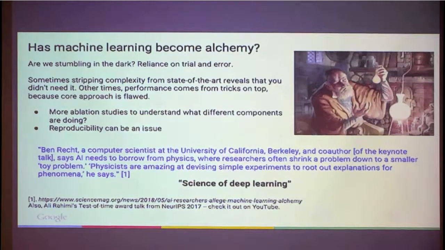That's a really rich class that may be really good for my problem, and maybe enables me to solve harder problems in ML and AI. On the other hand, there's really no principled way to go about it, and sometimes what you find is that you strip complexity from the state-of-the-art problem, and you realize you don't need it. Other times you realize that the performance comes from tricks on top because the core approach is flawed.